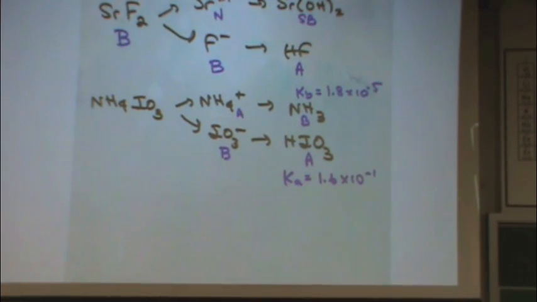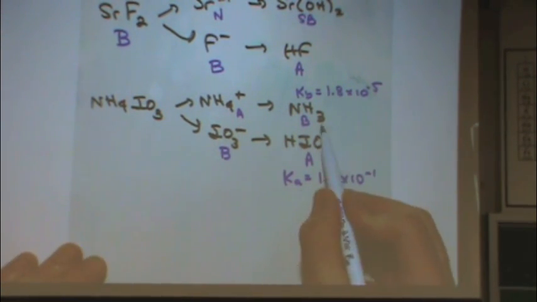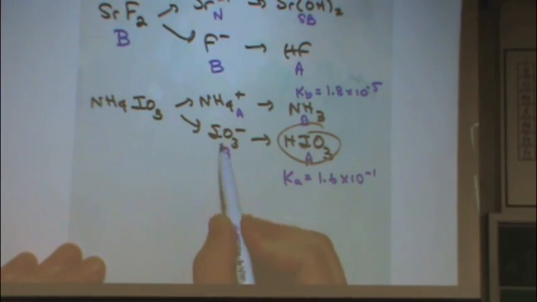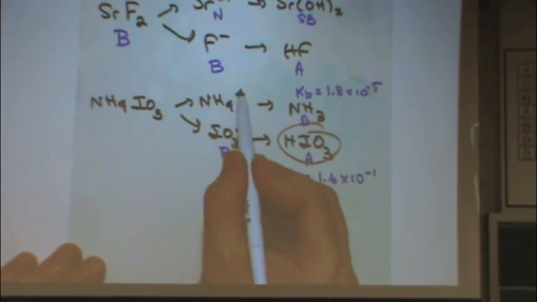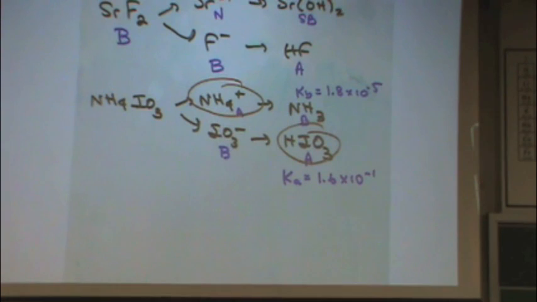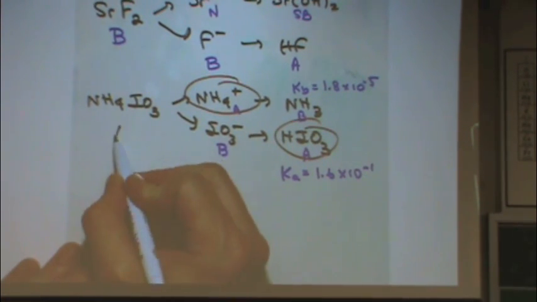Okay, so I got those from the table, which would be on the back of your exam. Okay, is the acid or base stronger? The acid is stronger. So what's stronger over here, acid or base? The acid. Remember, the conjugate is opposite. The conjugate's always opposite. So thus, this must be an acid.